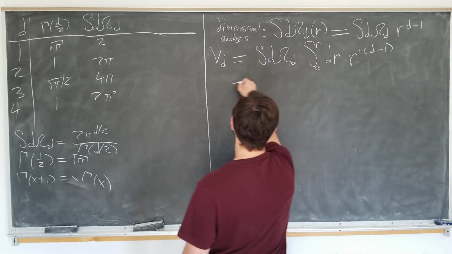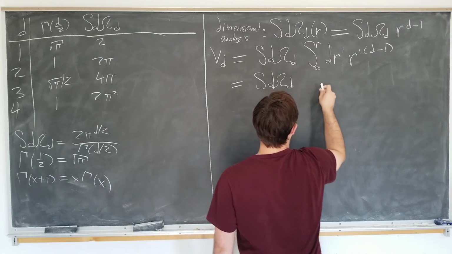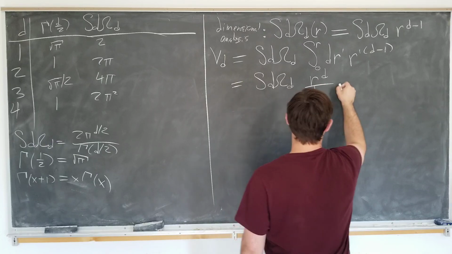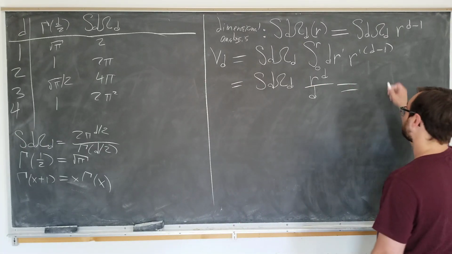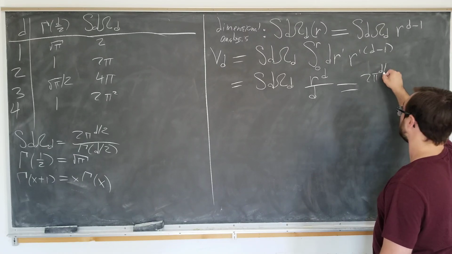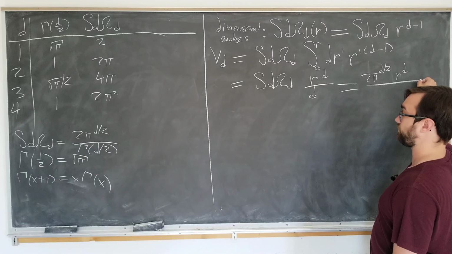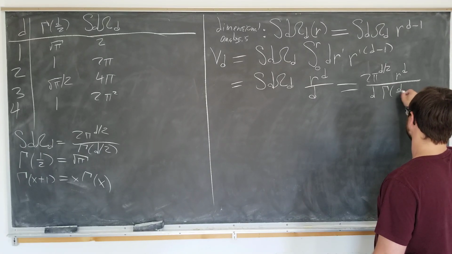And that's just going to be the integral of d omega d times r to the d over d. We can just write down our formula for d omega d here, 2 pi to the d over 2 over gamma of d over 2.